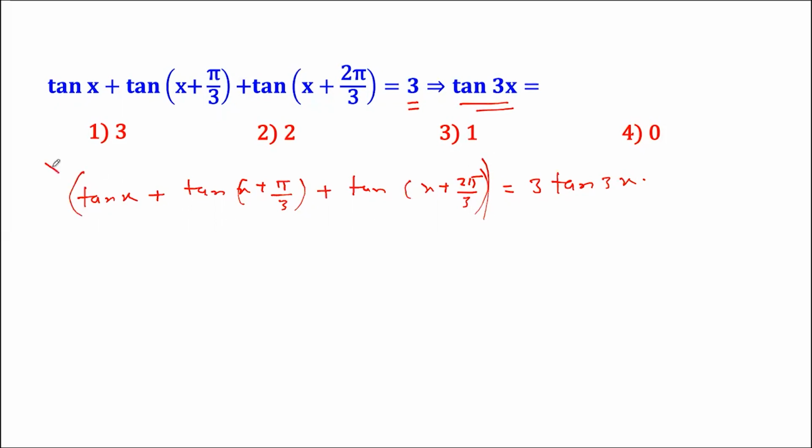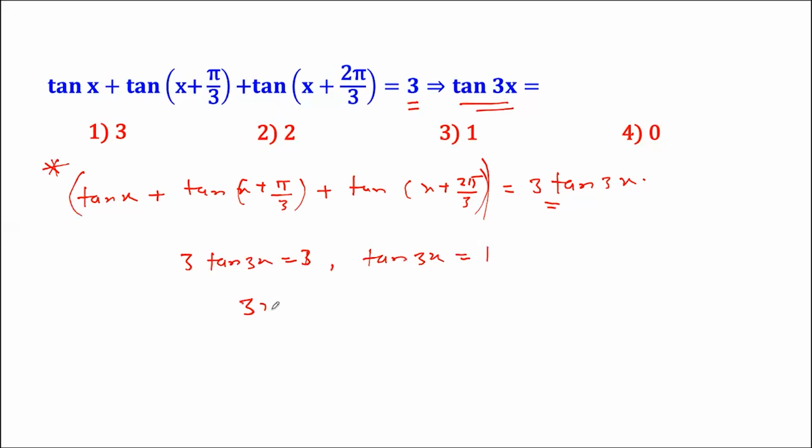So a beautiful formula is there: tan x plus tan of x plus 60 plus tan of x plus 120 degrees is equal to 3 times tan of 3x. And it is given that this is equal to 3, so 3 times tan of 3x is equal to 3, so tan 3x is equal to 1.